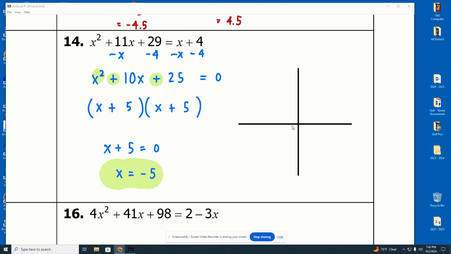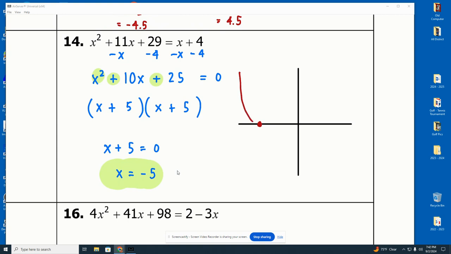And most of our answers have had two solutions because they cross our x-axis in two locations. So how is it possible that I would have the same factor twice, which really gives me the same solution twice, -5? Well, here's what it means, y'all. It means that right here at -5, this graph is not crossing through it.